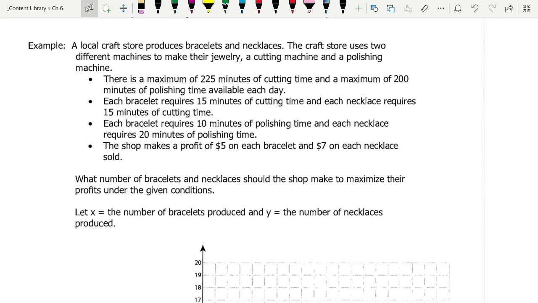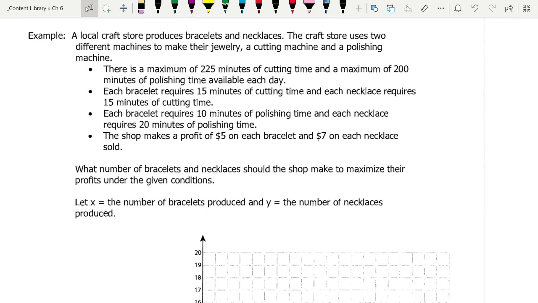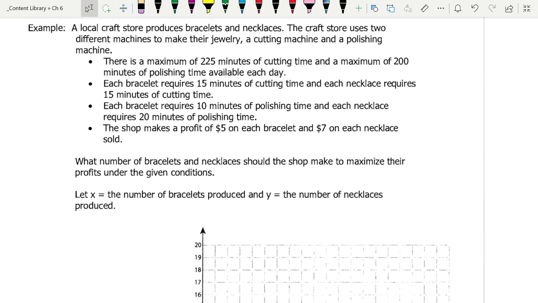A local craft store produces bracelets and necklaces. The craft store uses 2 different machines to make their jewelry, a cutting machine and a polishing machine. There is a maximum, I'm underlining that word because I know it's going to be important, of 225 minutes of cutting time and a maximum of 200 minutes of polishing time.